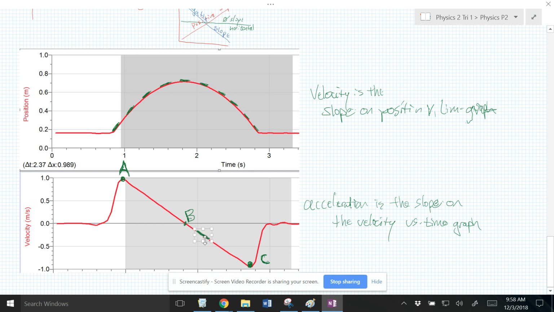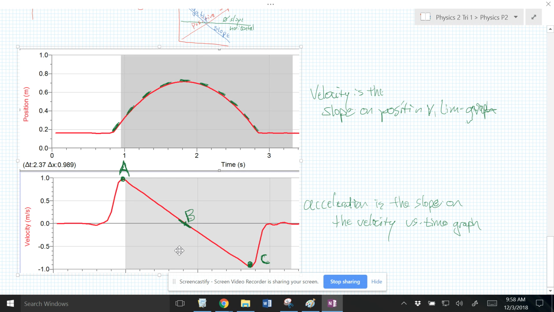Even if I go down here into the portion of the graph where the velocity is negative, that line still has that same slope. Even if I go here to B and drop it right in the middle, that's the same slope that I had here. At no point in time is it going to have any other value than that constant negative value.